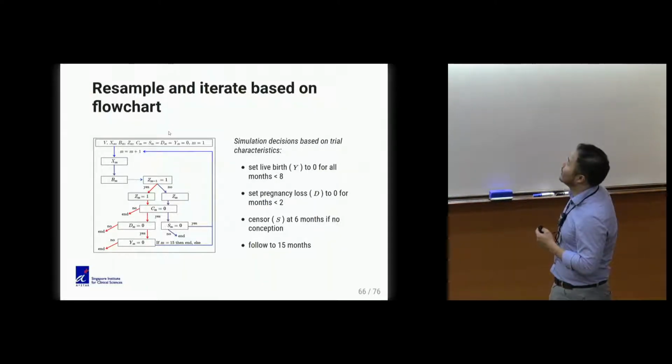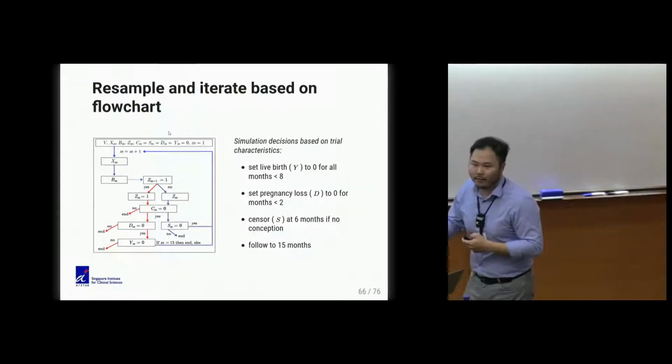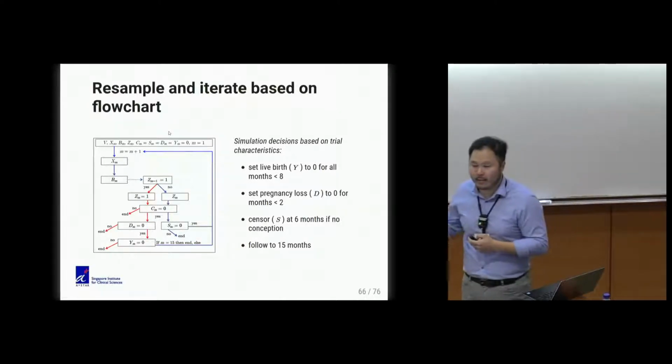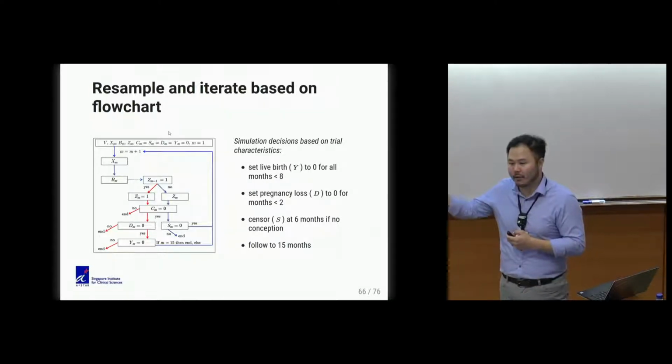There were no pregnancy losses less than 2 months because of the way the test for whether or not someone's pregnant works, it takes a few weeks. So there was not really a way of identifying any pregnancy that occurred prior to that.